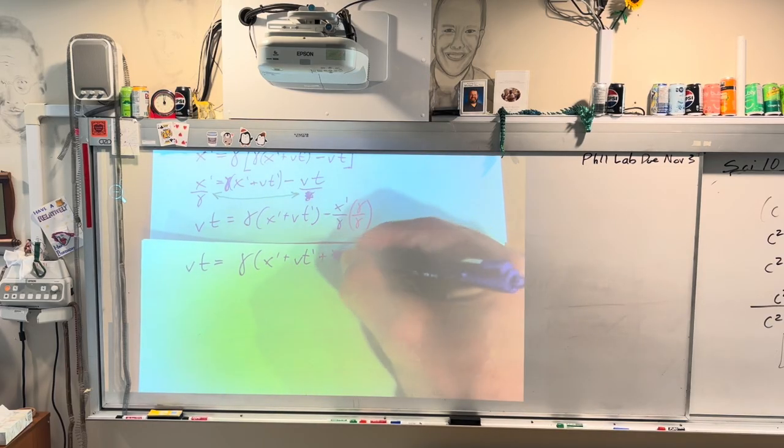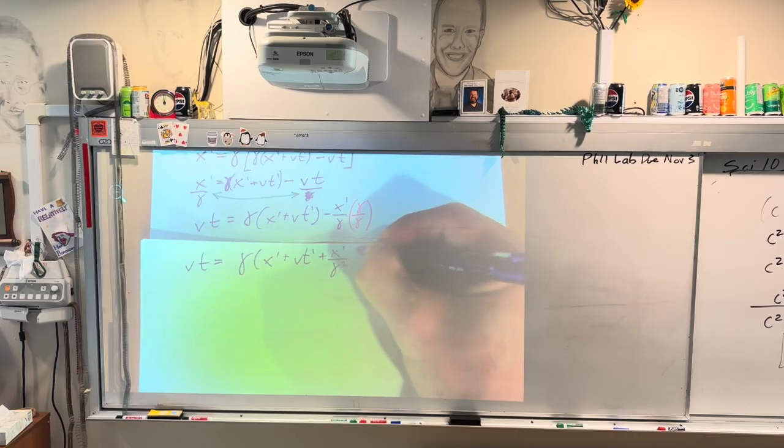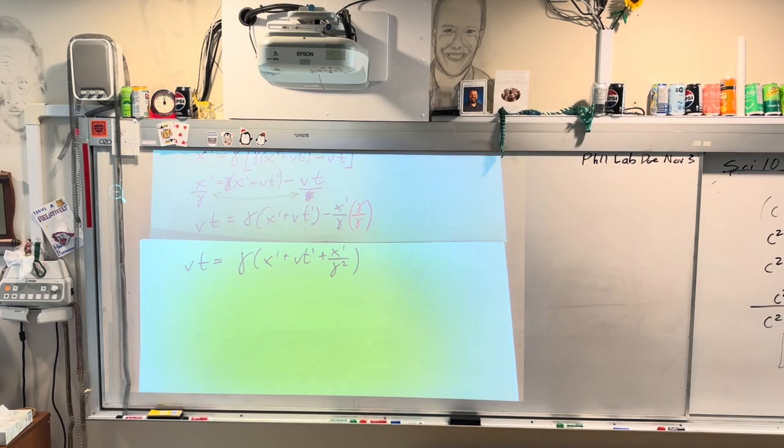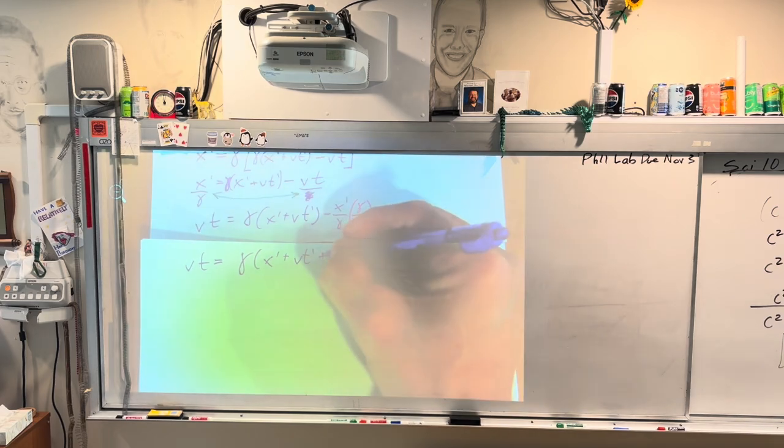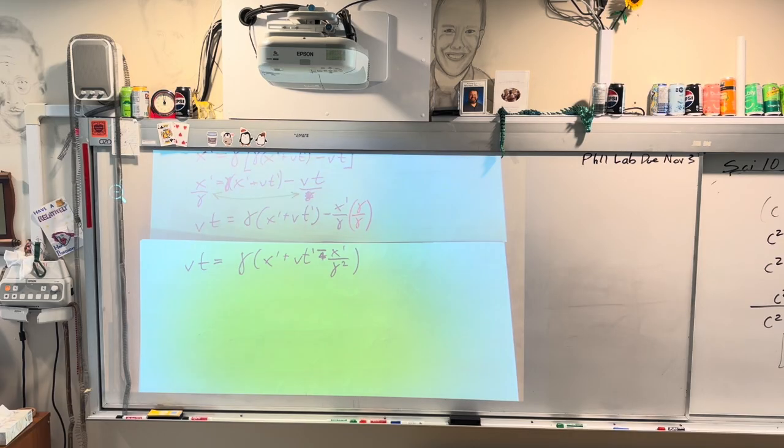And we can say this is negative x prime over gamma squared. Does that make sense? Did I do that right? Yeah. This needs to be minus. This is negative x prime. Yeah, you're right. That's why I asked. Yeah, that's a minus. Thank you.